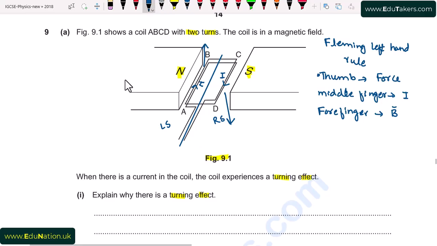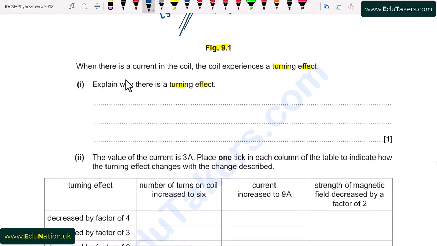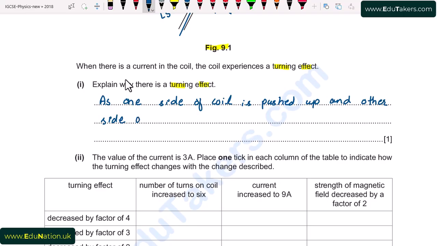I write here, as one side of the coil is pushed up and the other side of the coil is pushed down, so that a turning effect is produced there.